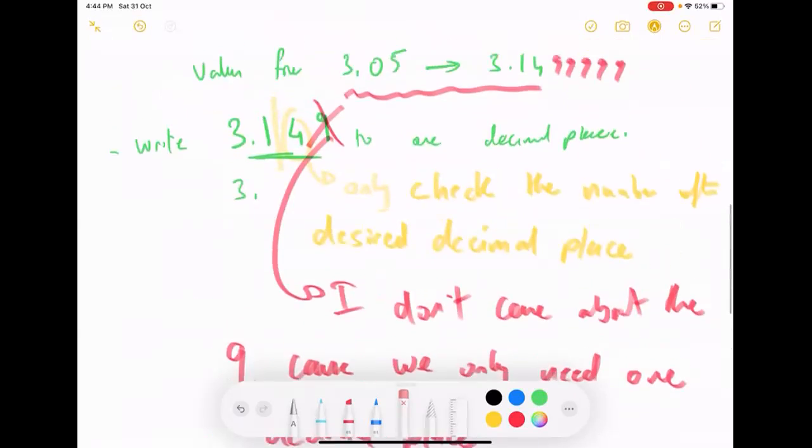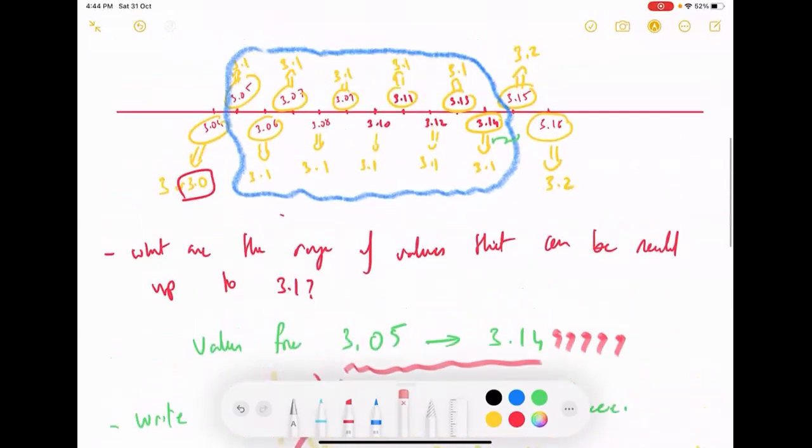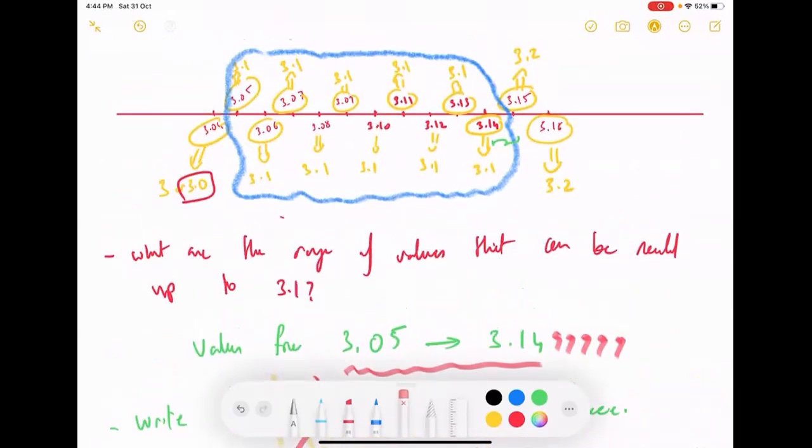Let's see the diagram. We said that 3.14 will be rounded to 3.1, right? But 3.15 will be rounded up as what? 3.2. So it's somewhere here, right?